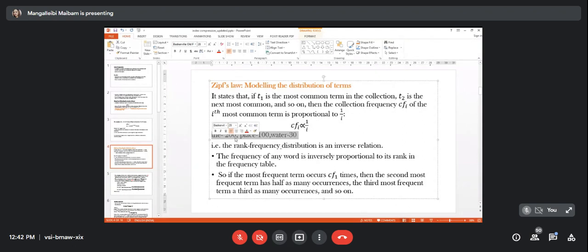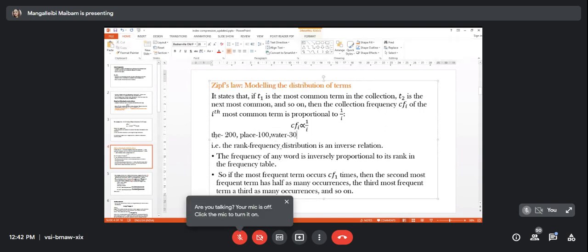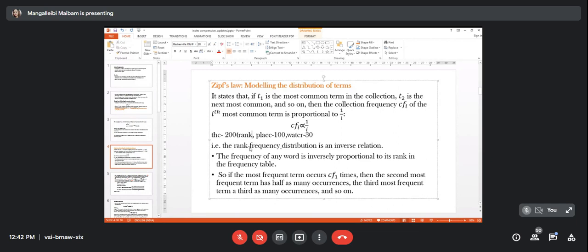So how will you prioritize these based on the frequency? If "the" is occurring 200 times, the rank of "the" will be 1.